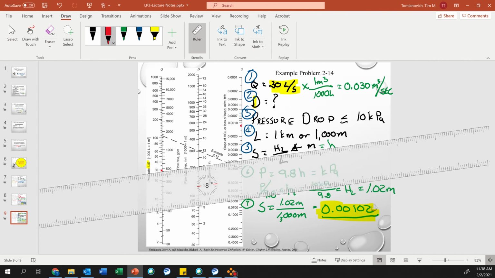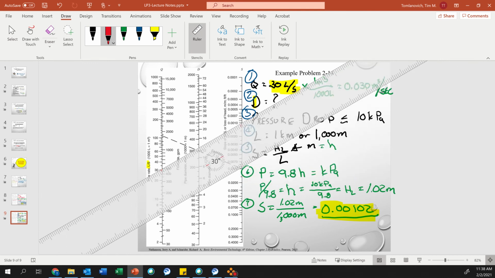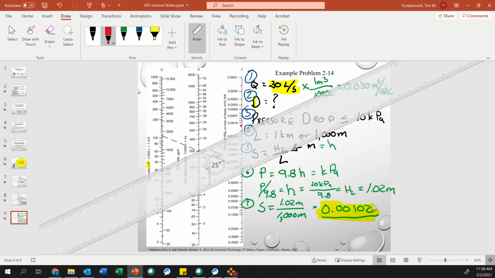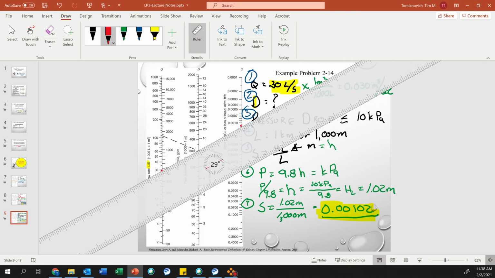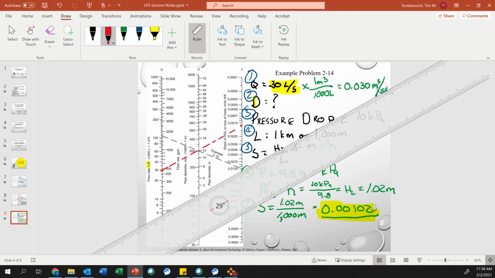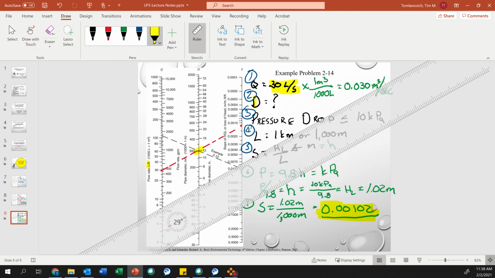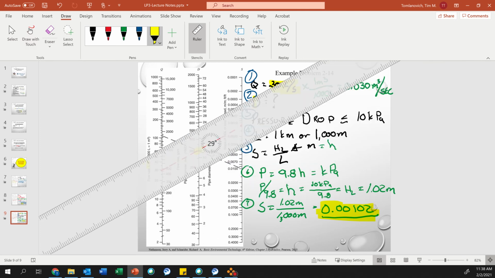So now I have to connect these points. This is so cool, I got my laptop on this. Okay. So my diameter is about, if I look here, about 300 millimeters.